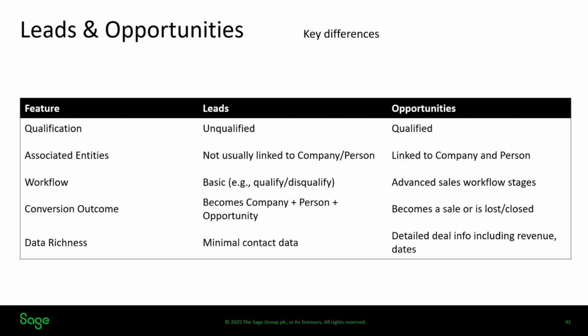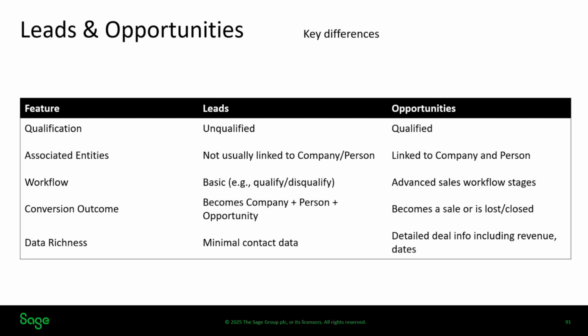Opportunities are always associated with a contact to which the deal is associated. Workflow for leads can be very, very simple. Opportunity workflows can be more complicated, require lots of different actions, and may generate lots of information changes behind the scenes as well. We saw our task being generated. That's the sort of thing that we can be doing within the context of a sales opportunity workflow.